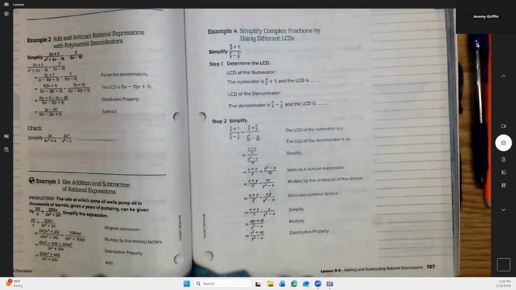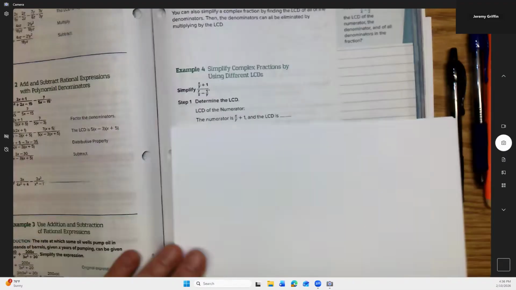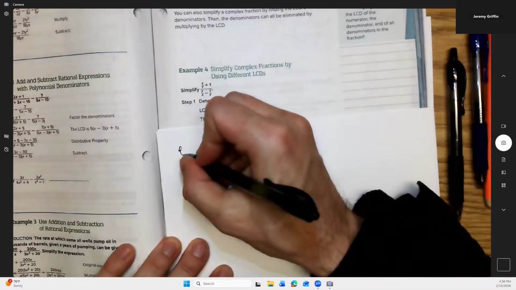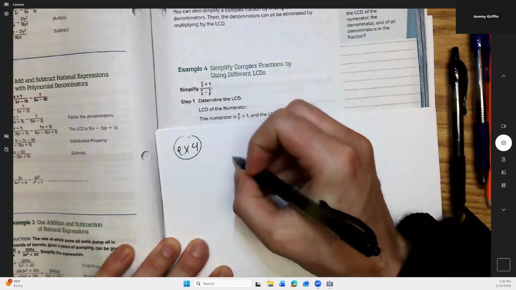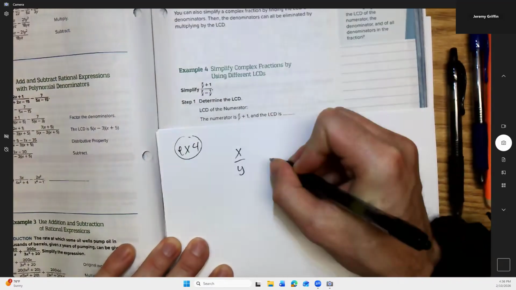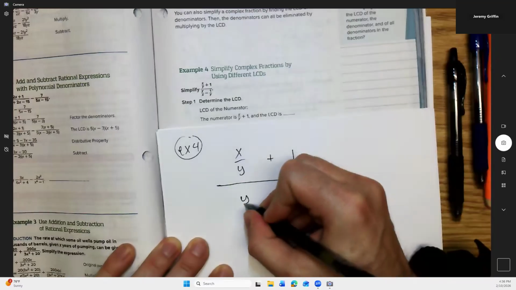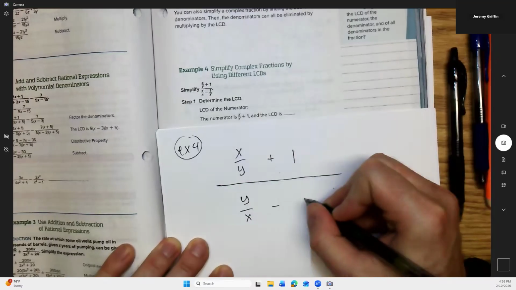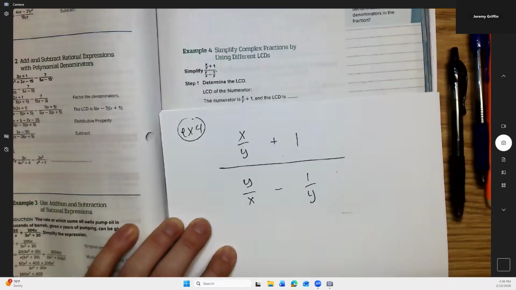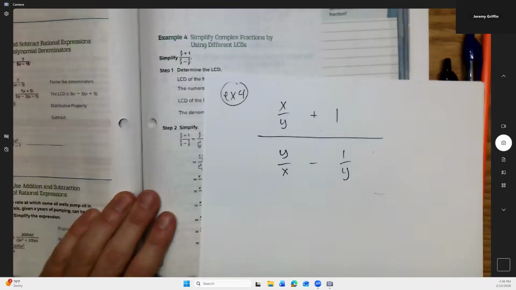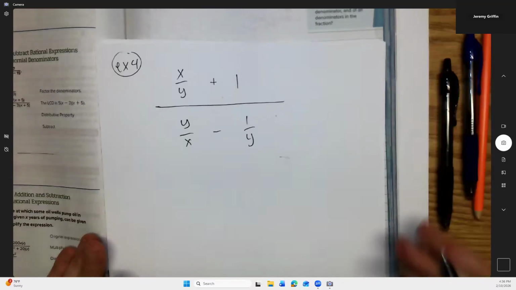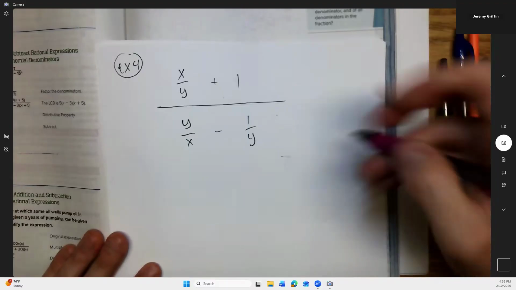Let's see. Ooh, fractions within fractions. This looks exciting. Example 4. We're looking at x over y, and then the whole thing plus 1, and then divided by y over x minus 1 over y. Ooh, fractions within fractions. Okay, crazy. There's probably a few ways to handle this.